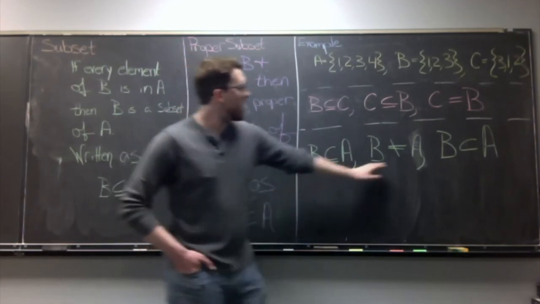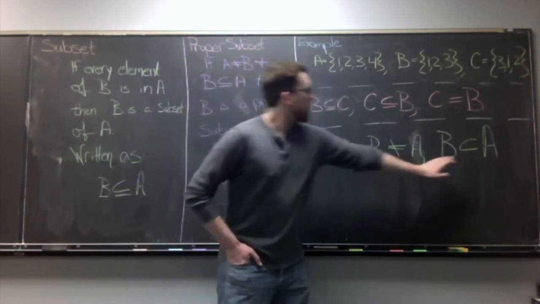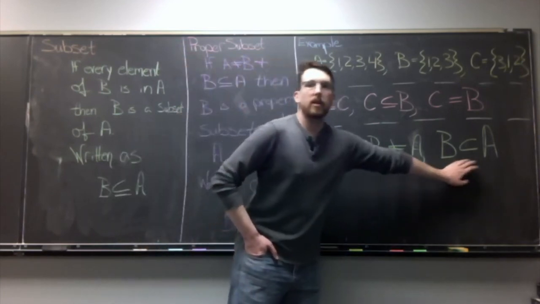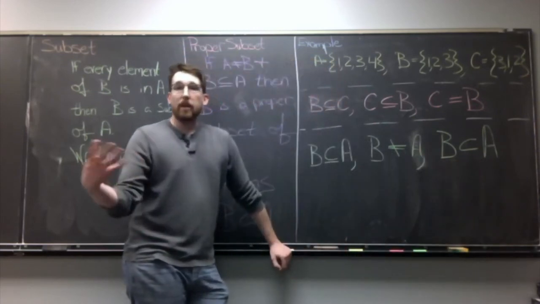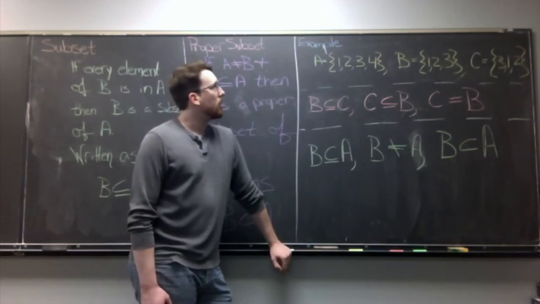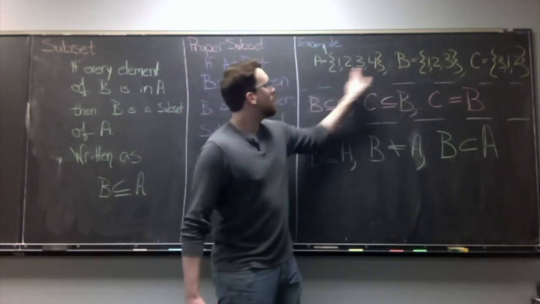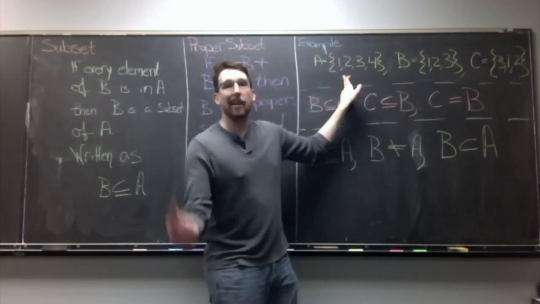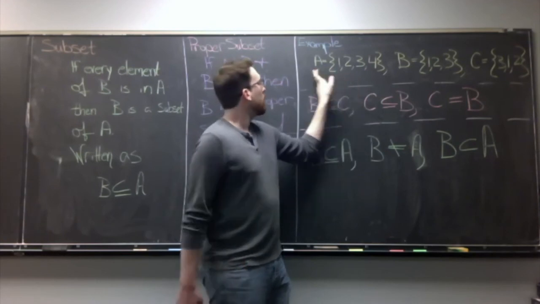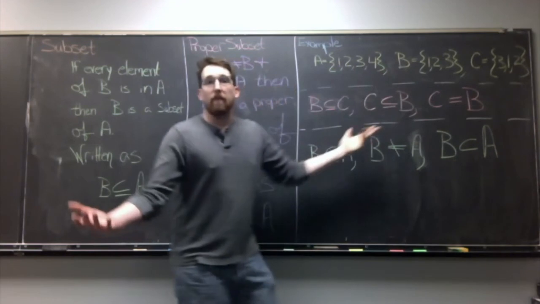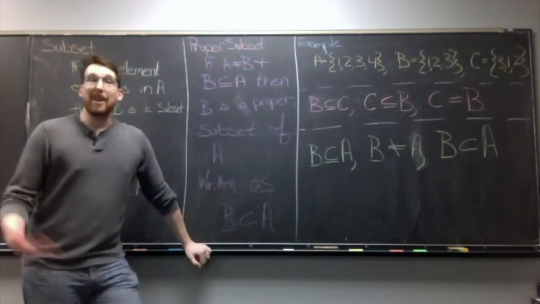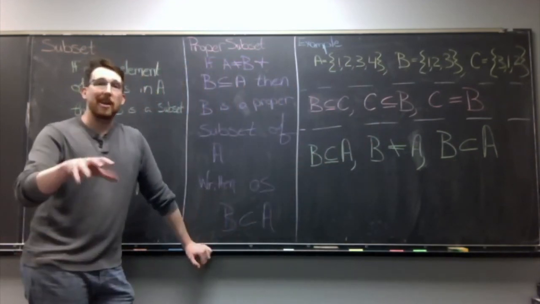But because they're not equal to each other, then we know that B is a proper subset of A. So all this idea of a proper subset means is that there's a missing element, at least one missing element. In our particular example, B is missing the element 4. But that's really the difference between a proper subset and a subset.